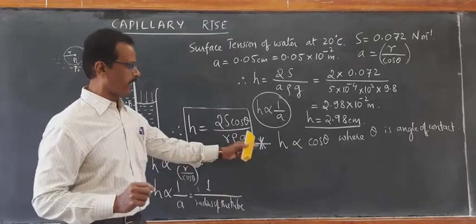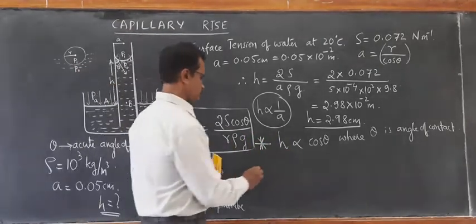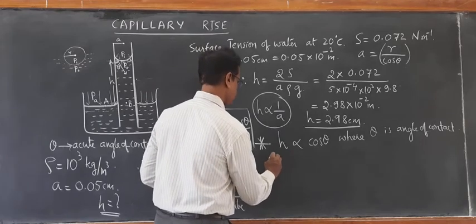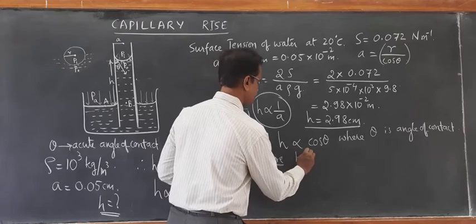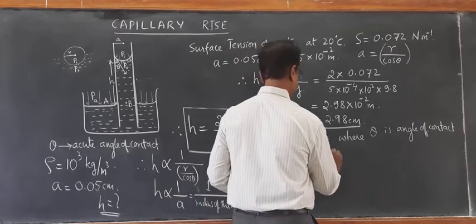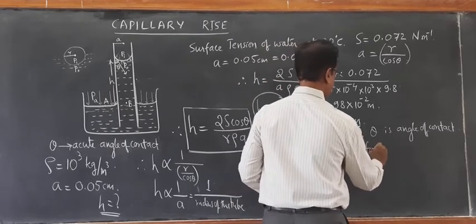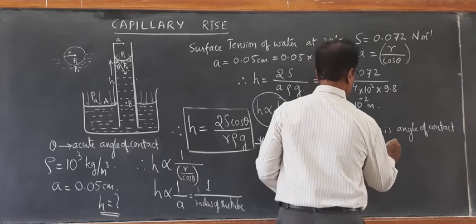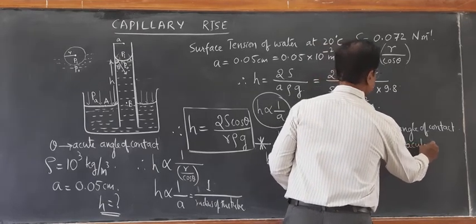Therefore, for acute angle of contact, there is capillary rise. H is positive. Here, H is greater than 0, that is positive for theta acute angle.